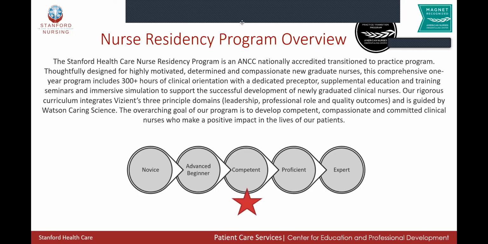It's a one-year program. We have clinical orientation and a curriculum based on Vizient's 3 domains, guided by our nursing theorist, Watson, Caring Science. The overall goal of our program is to develop these new advanced beginner nurses into competent, compassionate, and committed nurses who make a positive impact in the lives of our patients.